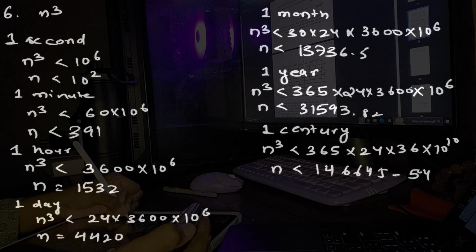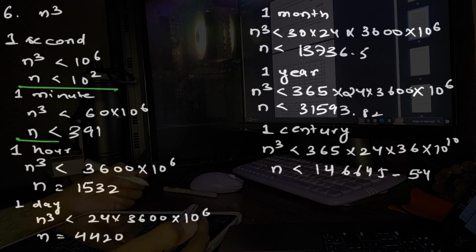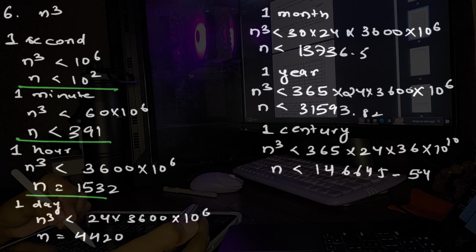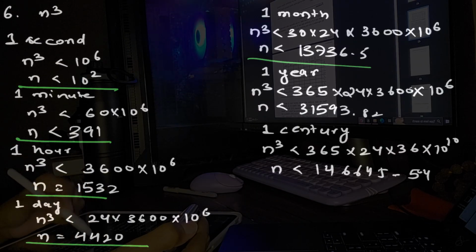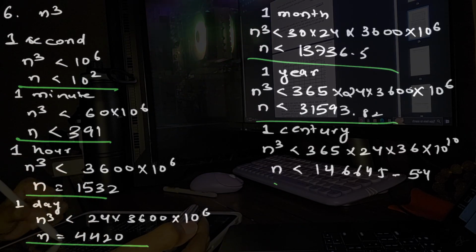Okay, nice. So these are the values for 1 cube. 100, 391, 1532, 4420, this, and then this.